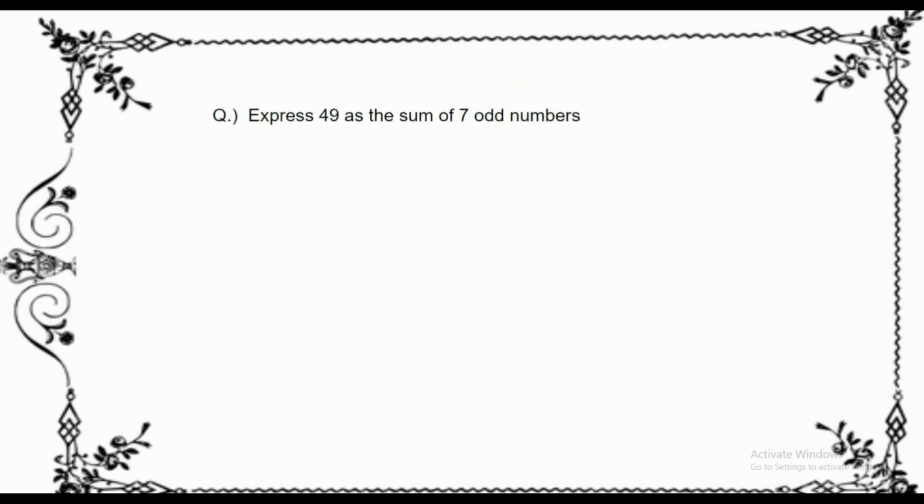Let us move towards our next sum. Here it is: express 49 as the sum of 7 odd numbers.